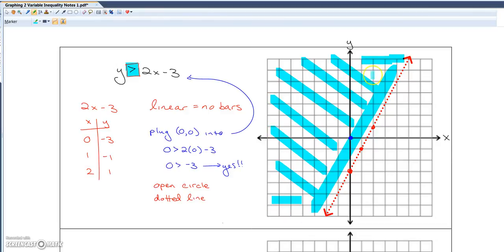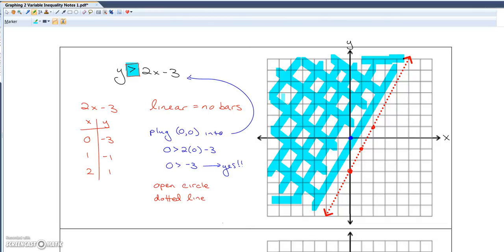My final answer for this type of graph, a two-variable inequality, is not just drawing a line. It is showing the area that is true for the inequality.